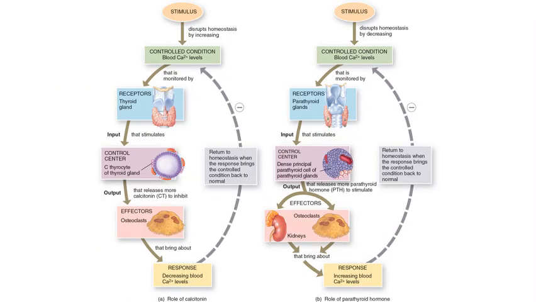This is kind of just a way of showing. All right, so parathyroid hormone we'll start with on the right here. You have a stimulus, controlled condition, blood calcium levels, whether it's up, whether it's down. And what is monitored by is the parathyroid glands. It's monitored by the calcium, but it impacts the parathyroid glands by the stimulation occurring.